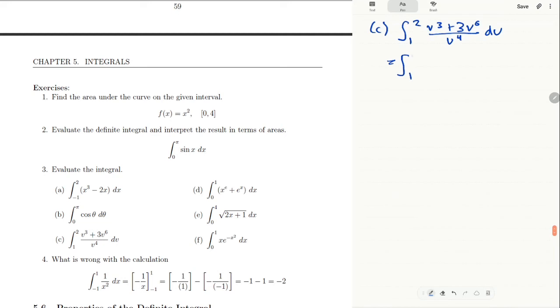We have v cubed over v to the 4 plus 3v to the 6 over v to the 4. And now we can simplify the powers of v. We have v to the negative 1 plus 3v squared.